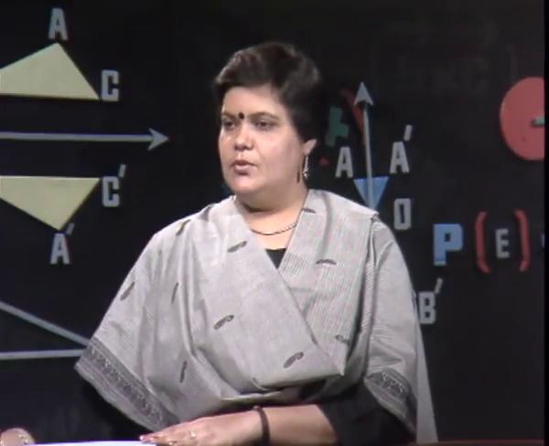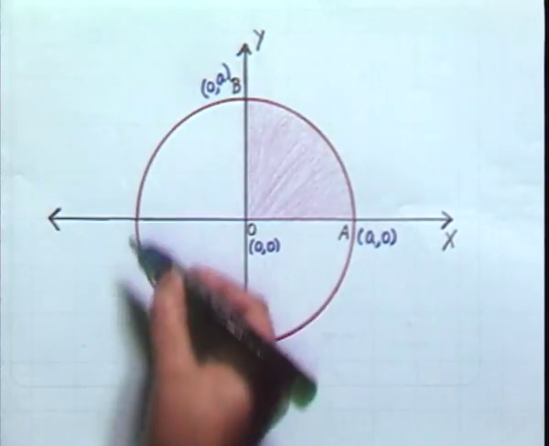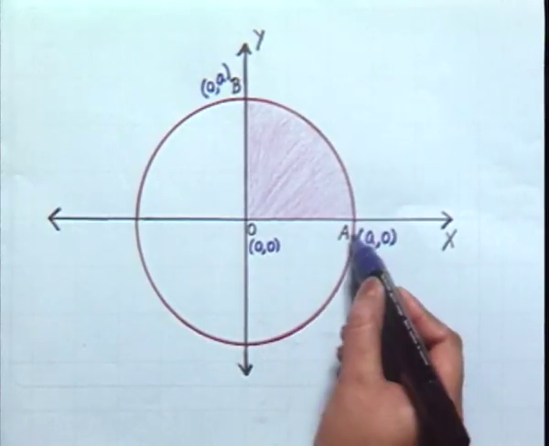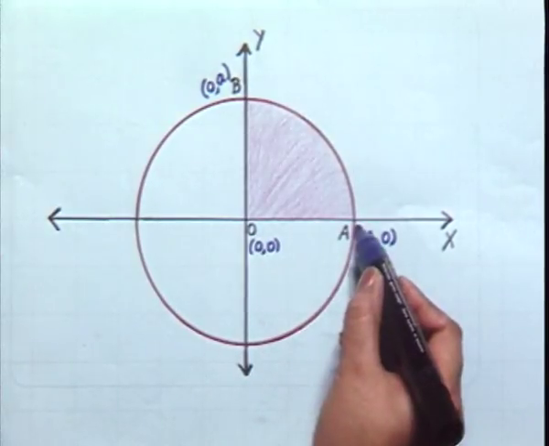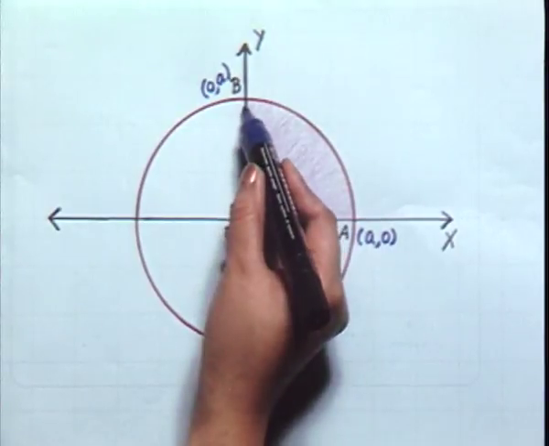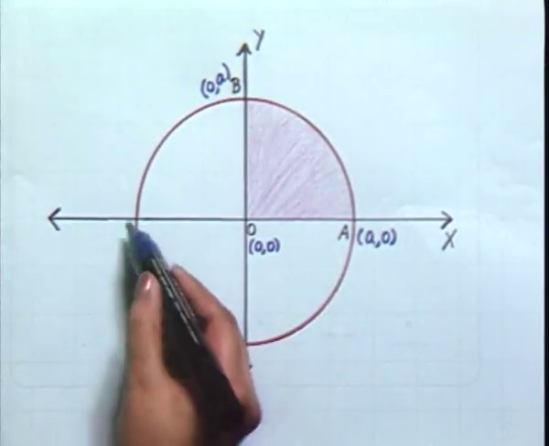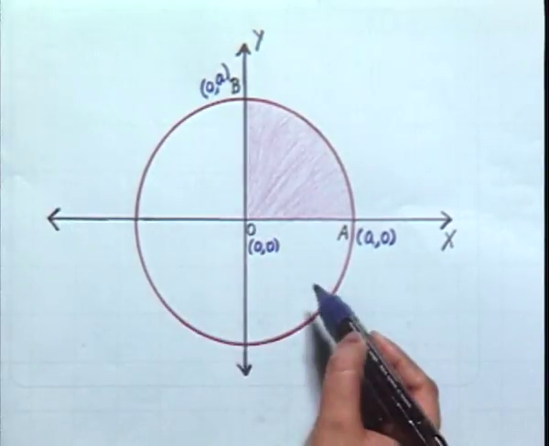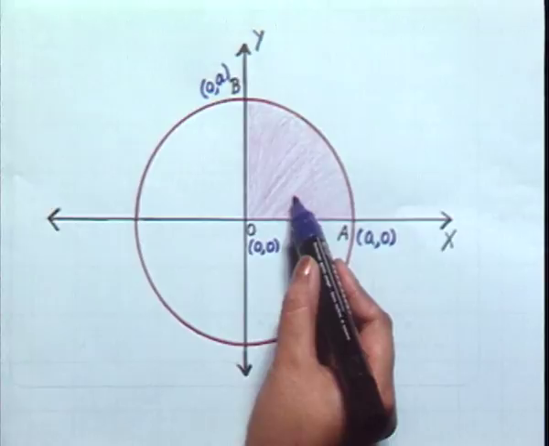Here we have the circle drawn as accurately as possible, with its center at (0, 0). Radius being a means it cuts the x-axis at (a, 0), and the y-axis at (0, a). Now, you can see that in this whole circle I have shaded only one region. That's to reduce our work and to use the concept of definite integrals.